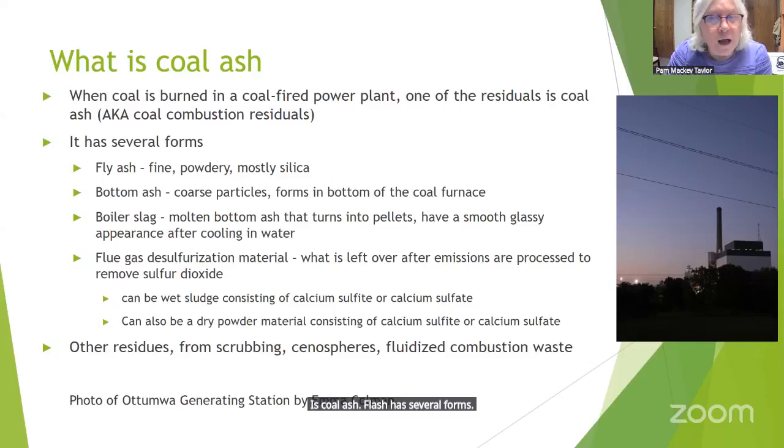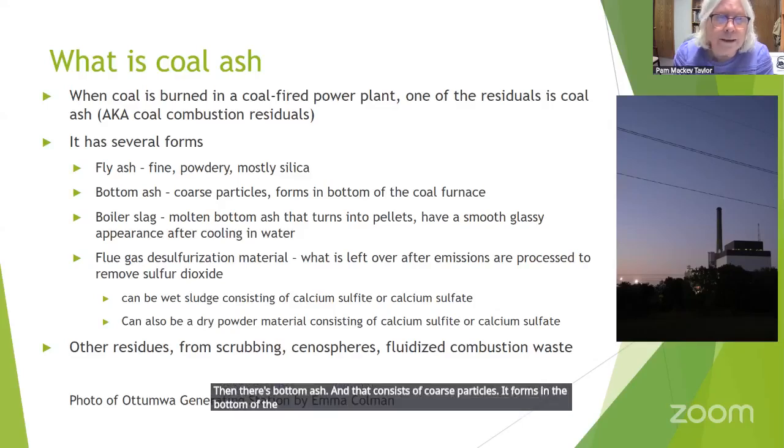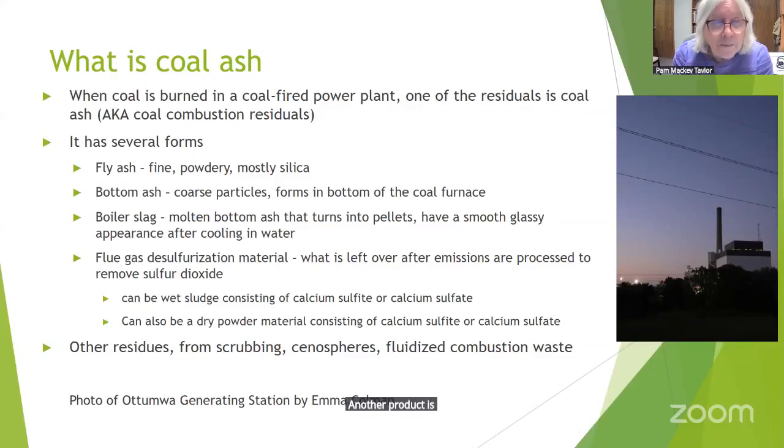One form is fly ash. That's a very fine, powdery substance. It's mostly silica. Then there's bottom ash, and that consists of coarse particles. It forms in the bottom of the coal furnace. Another product is boiler slag, and that's molten bottom ash that turns into pellets. They have a smooth, glassy appearance after cooling in water.